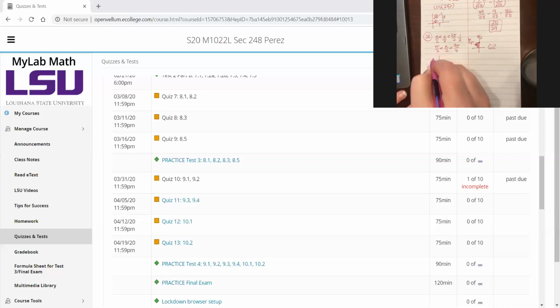So 12 over 5. And I know that both of these are negative because it's on the negative x and the negative y. Okay, so now we just got to find our hypotenuse, and we'll know what cosine is. So 144 plus 25 is 169, which is a perfect square of 13. So cosine of alpha, which is what we have to use in our formulas, is negative 5 over 13.